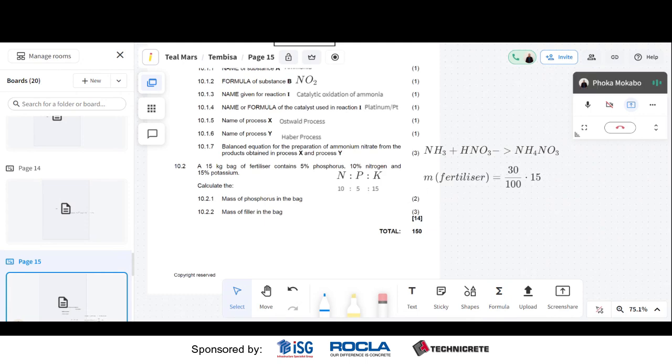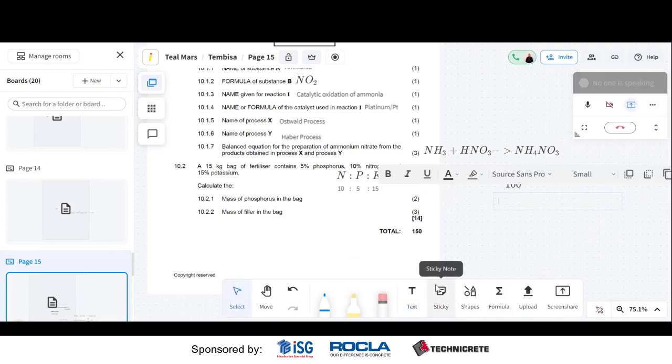Altogether, these nutrients are 30% of that 15 kg. So we start off with 30% of 15, which is equal to 4.5 kg.